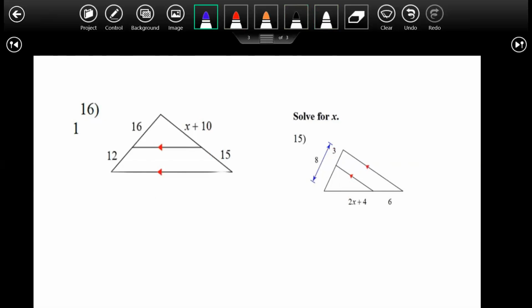In this case, we're going to do our left-hand side first. So we're going to do, coming away from this, 16 over 12. From the other side, we're also going to do x plus 10 over 15.